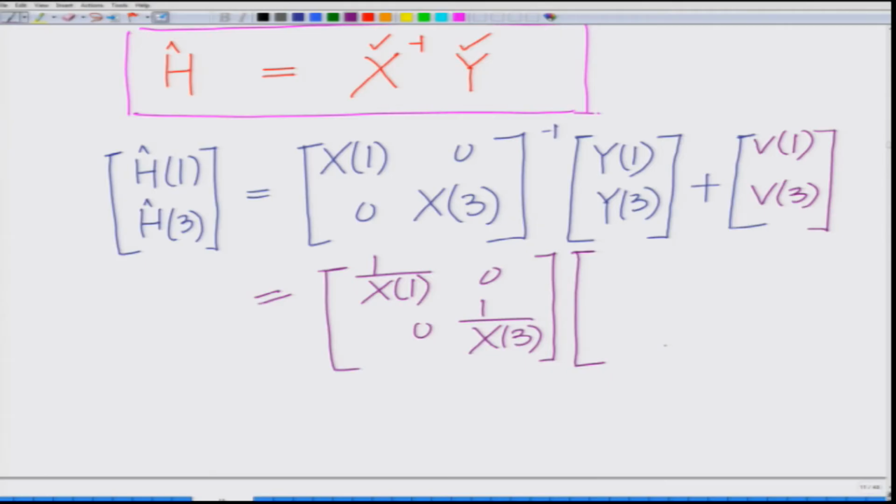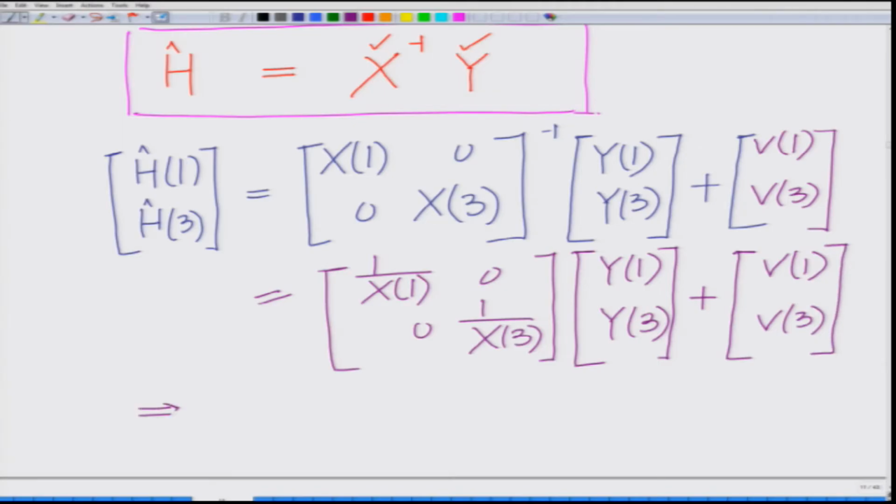As we said, X check is a diagonal matrix, so its inverse is another diagonal matrix with the reciprocals of the diagonal elements.